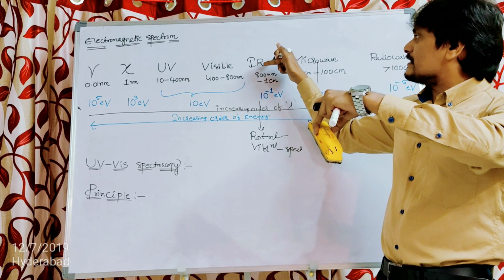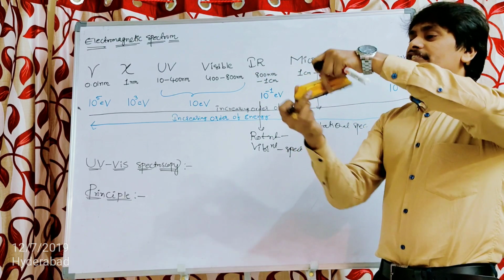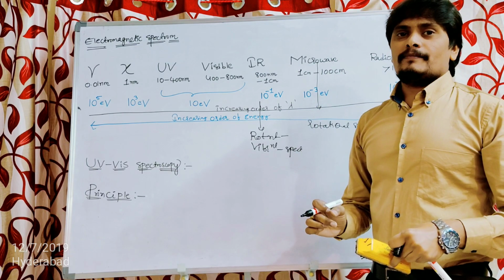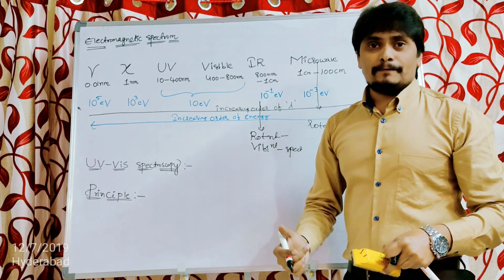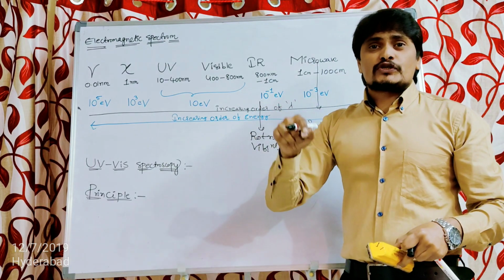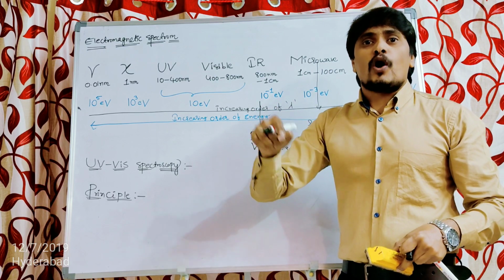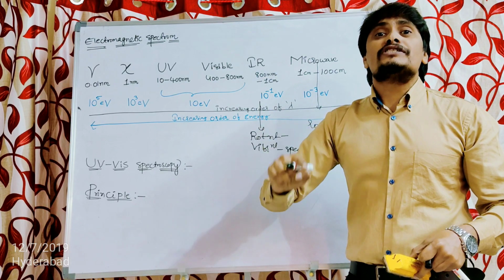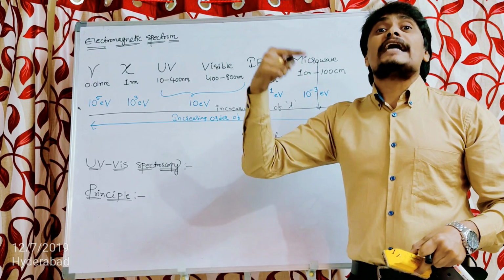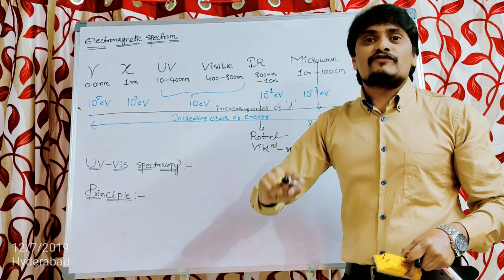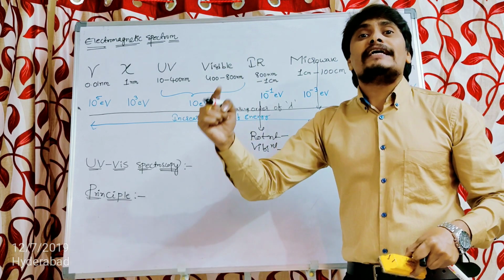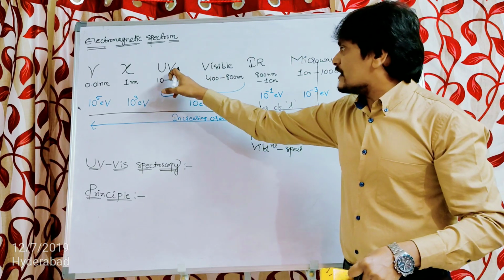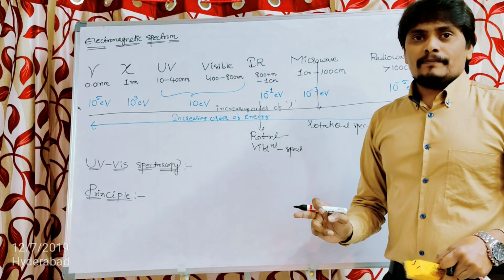Whenever it is crossing the IR radiation, rotation followed by vibration takes place, followed by the electrons present in the molecules of the sample exciting from ground state to excited state. That is what happens in the case of UV visible radiations.